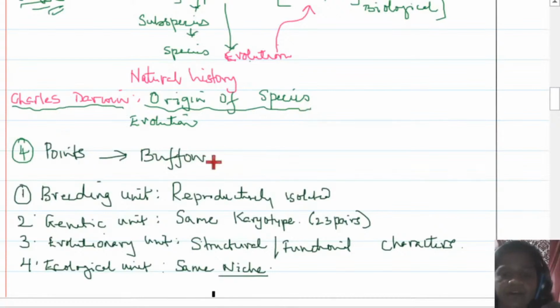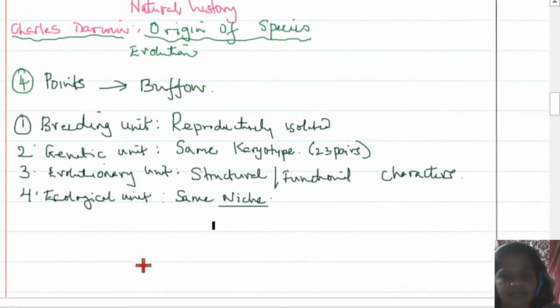And according to Buffon, remember the 4 points. It's a breeding unit, a genetic unit, an evolutionary unit, and an ecological unit. Breeding unit because they are reproductively isolated and they all interbreed to produce fertile offspring. The genetic unit because they have the same karyotype, same number of chromosomes, and evolutionary unit because they have the same structural and functional characters, and ecological unit because they occupy the same niche.